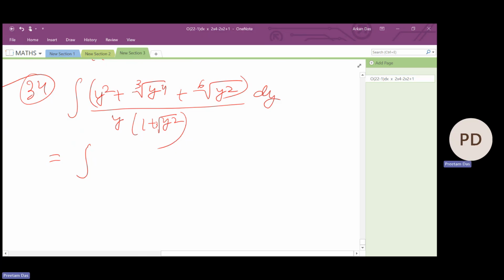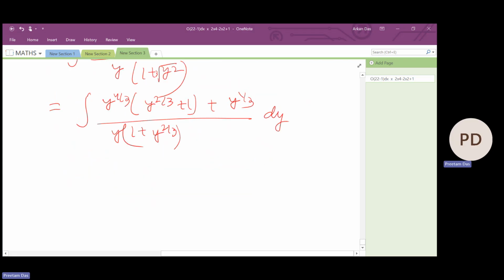From the first two, let us take y raised to 4 by 3 common. So what remains in y square when you take y power 4 by 3 common? y power 2 by 3 plus 1. And then this is nothing but y raised to 1 by 3, and then y into 1 plus y raised to 2 by 3.